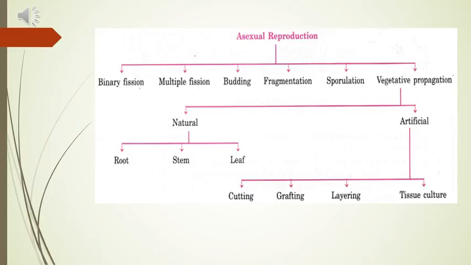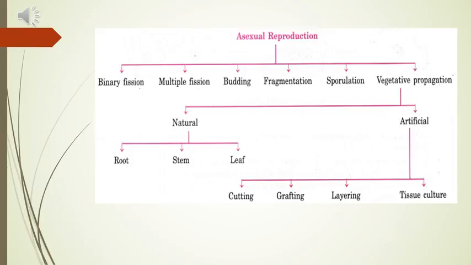Natural means the formation of new plants by the root, by the stem, by the leaf, at that time we call it natural. And artificial means we are participating in the formation of a new plant by different processes, for example cutting, grafting, layering, and tissue culture. So this is about the plant asexual mode.